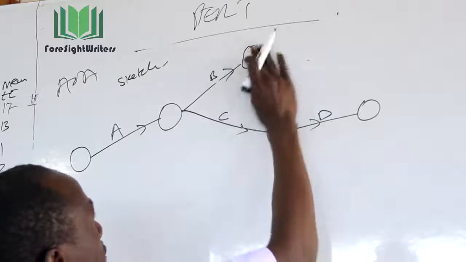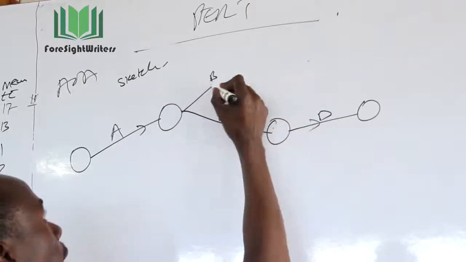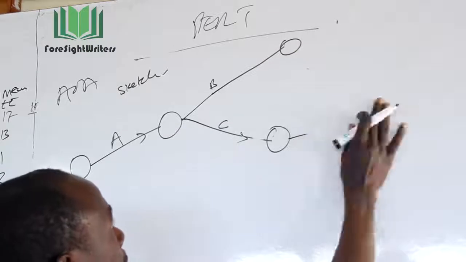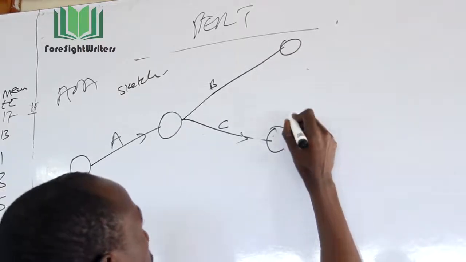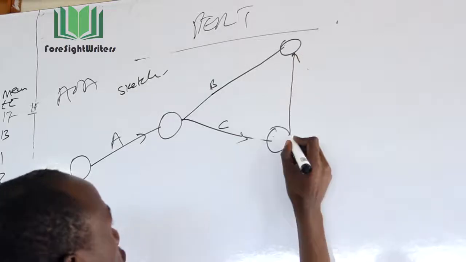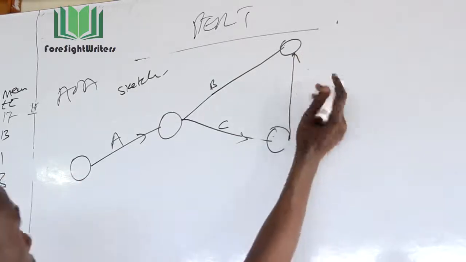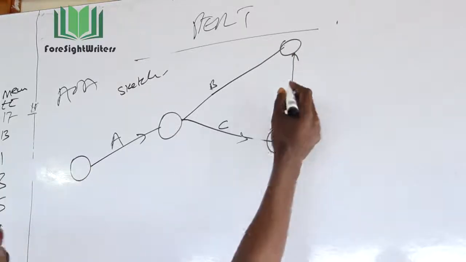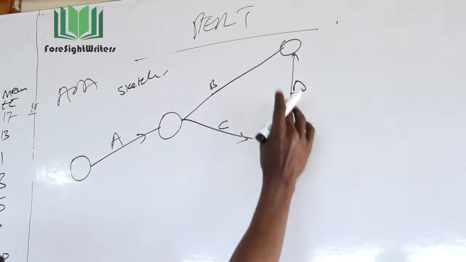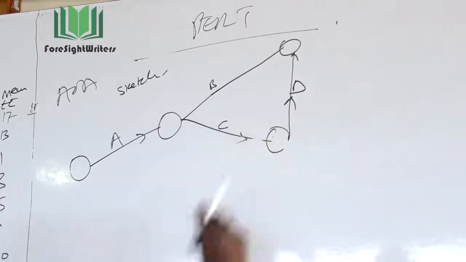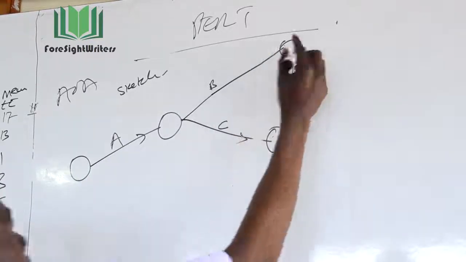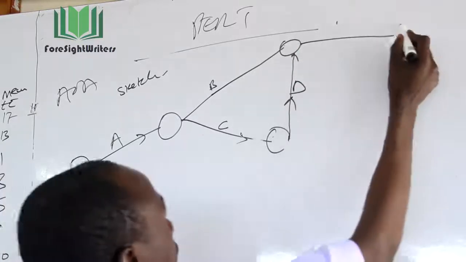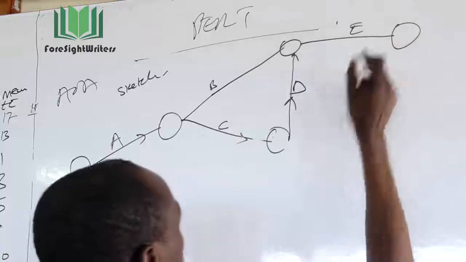So it is better to extend this activity down here, and I bring it like this and join it up here, so B and D join together. Once it is joined, that is when we can generate another activity, E, down there. This is activity E, okay?